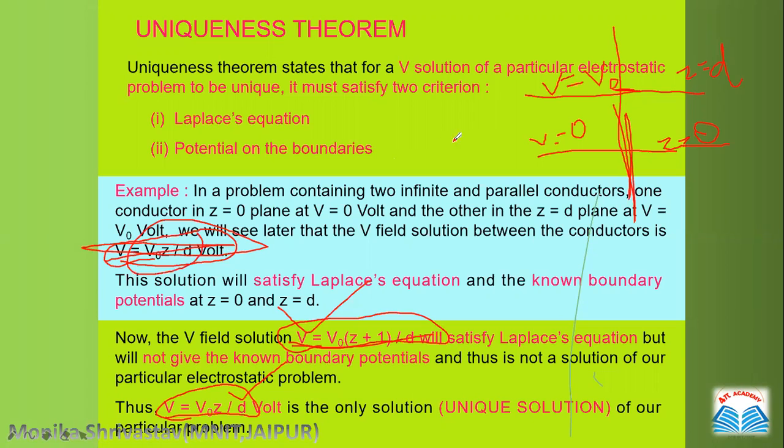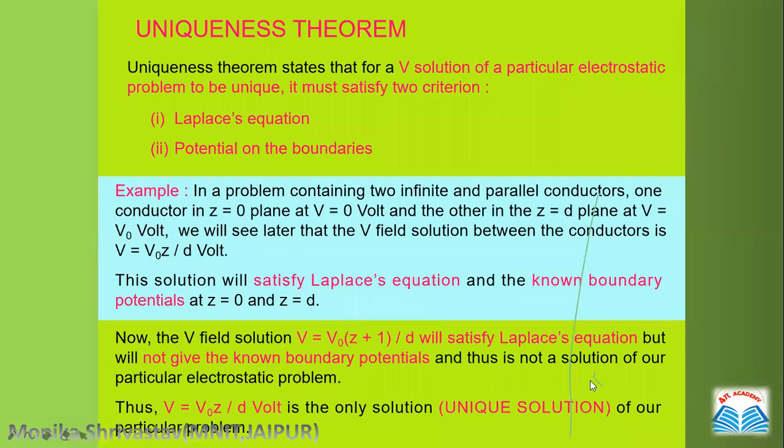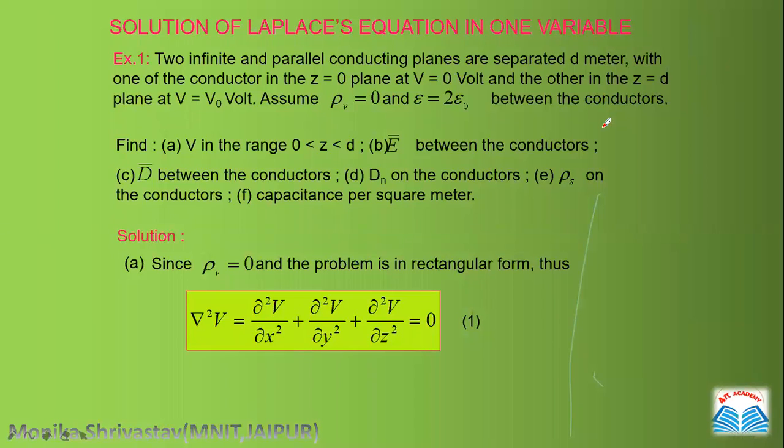Okay? So this is the simplest example of the uniqueness theorem, showing how we can choose the unique solution for any problem. So let us do some questions or examples to see whether we can solve any problem using the uniqueness theorem or not.